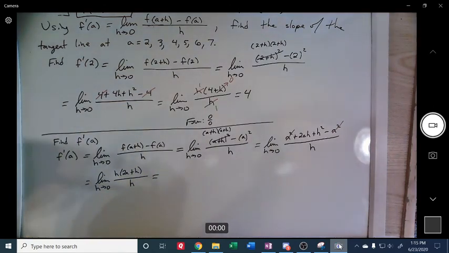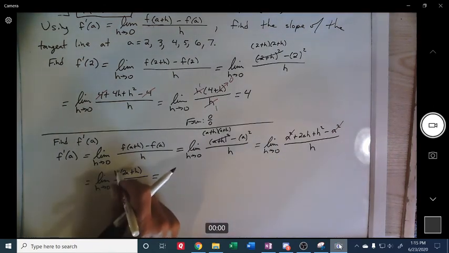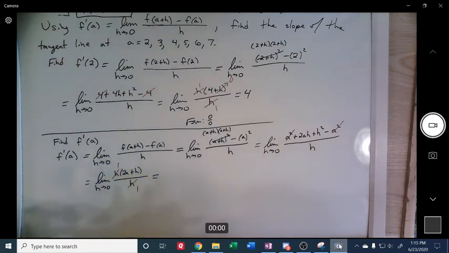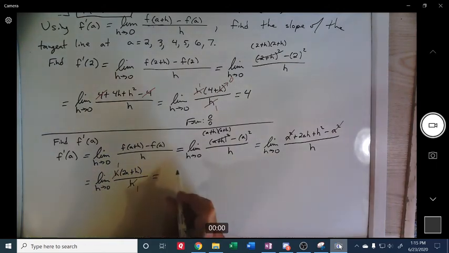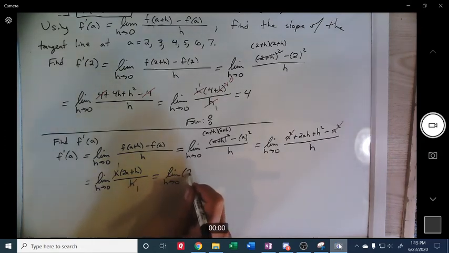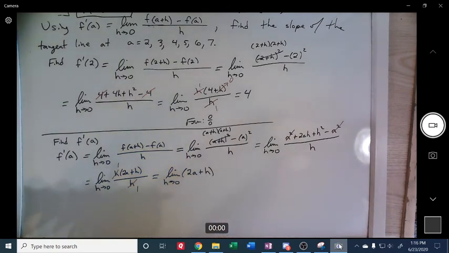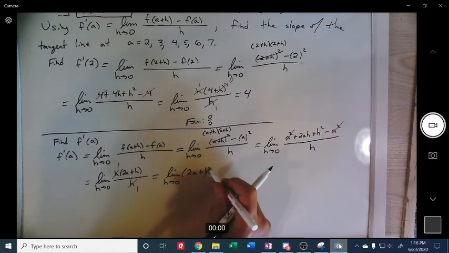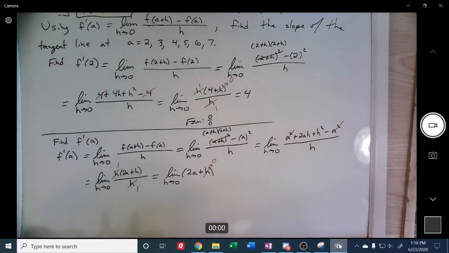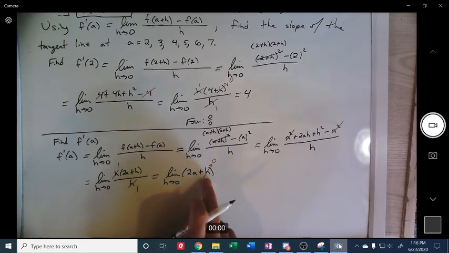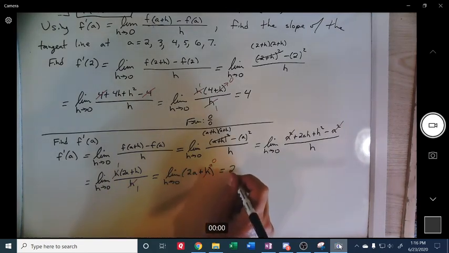And then the h's reduce. And now, as h goes to 0, it has no effect on the 2a term, but it sends that one to 0. And you get 2a.